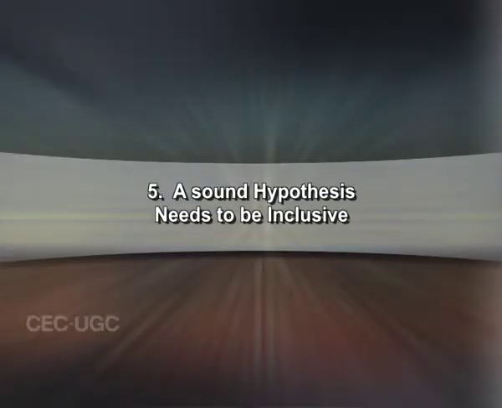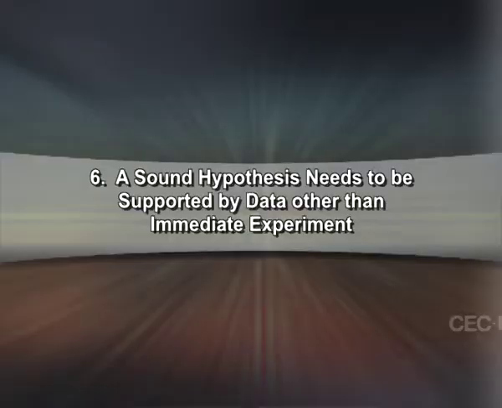5. A sound hypothesis needs to be inclusive. It should account for all relevant cases that are instances of its application and for any apparently negative instances. 6. A sound hypothesis needs to be supported by data other than the immediate experiment.